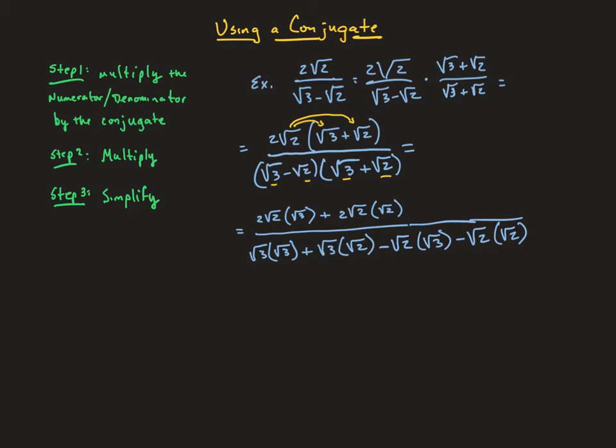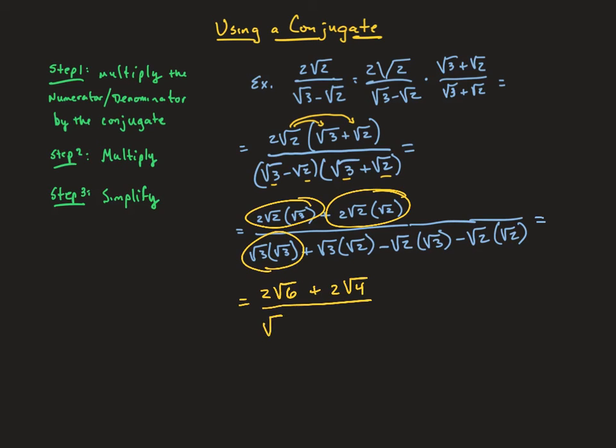So as we simplify this, this is going to become 2 times the square root of 6 plus 2 times the square root of 4, over the square root of 9, plus the square root of 6, minus the square root of 6, and then minus the square root of 4.